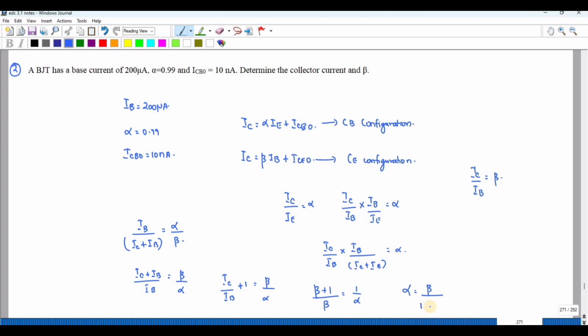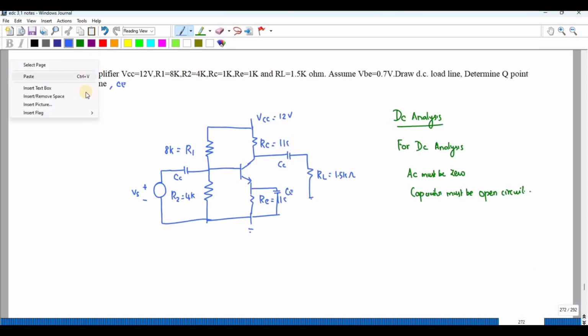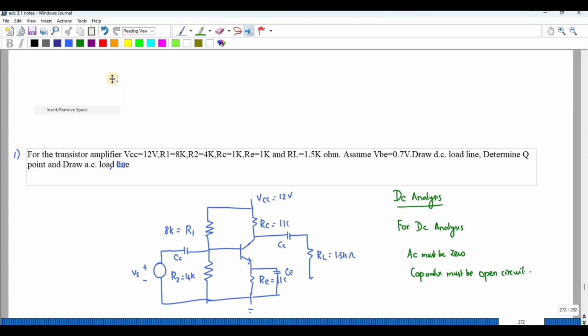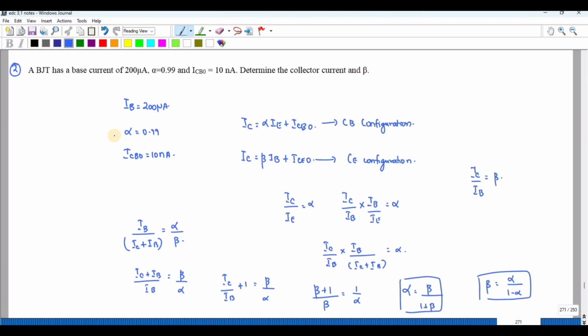Alpha is equal to beta by 1 plus beta. Similarly, if I solve, beta is equal to alpha divided by 1 minus alpha. I am just deriving the expression for this. If you already know the expression, you can simply solve this problem.